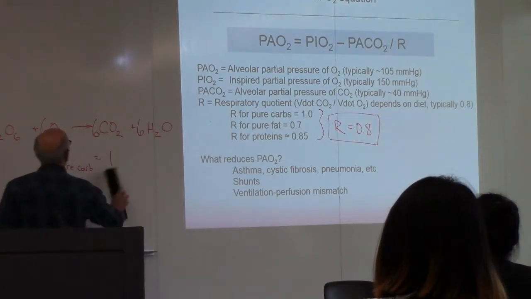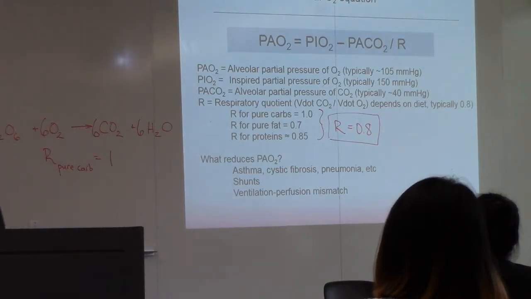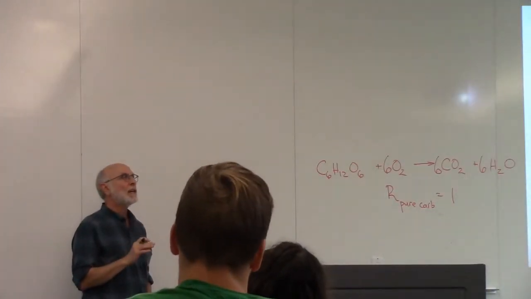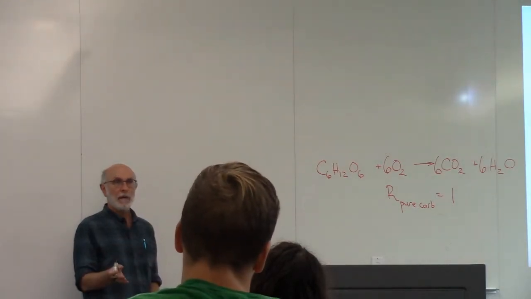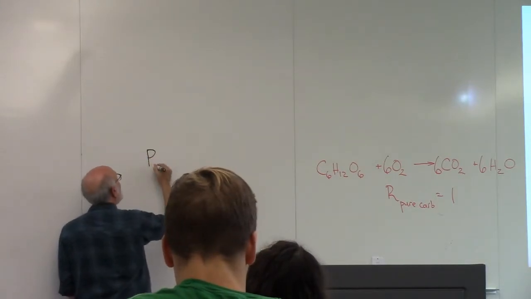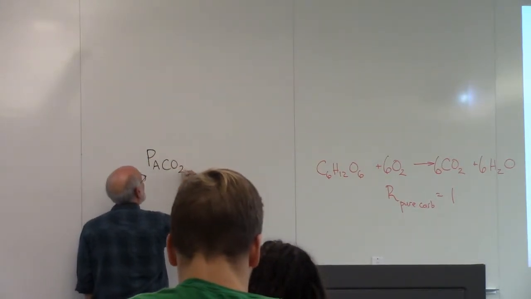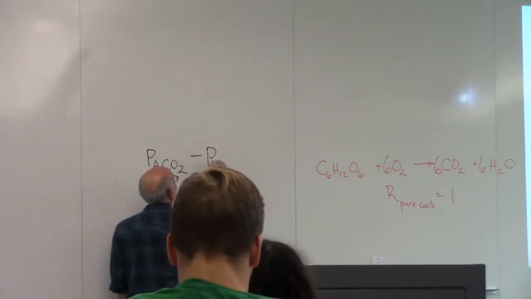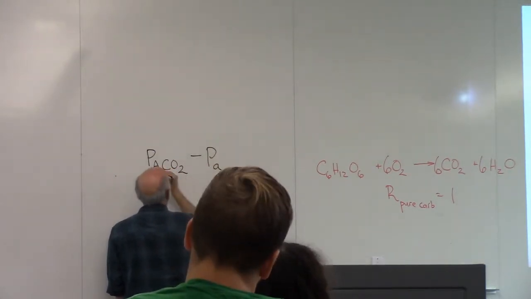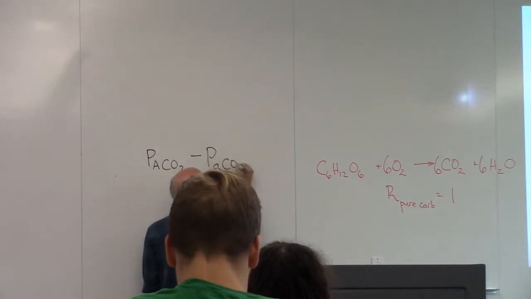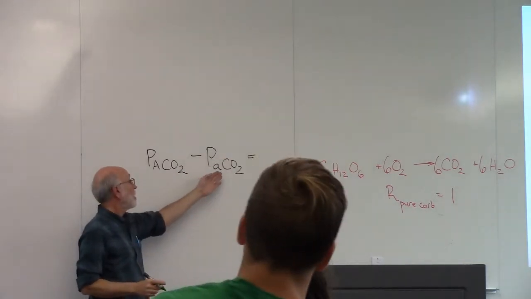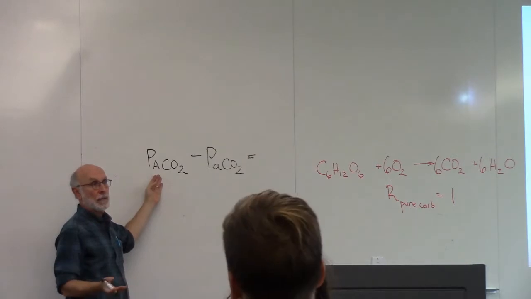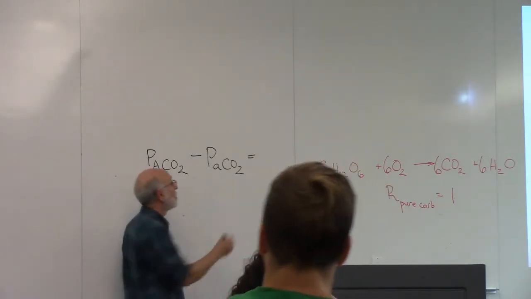The other concept that you will use in lab today is that, remember, oxygen didn't equilibrate perfectly across from alveoli to blood, right? So if we look at the difference between alveolar and arterial CO2, what's the difference normally? 0.